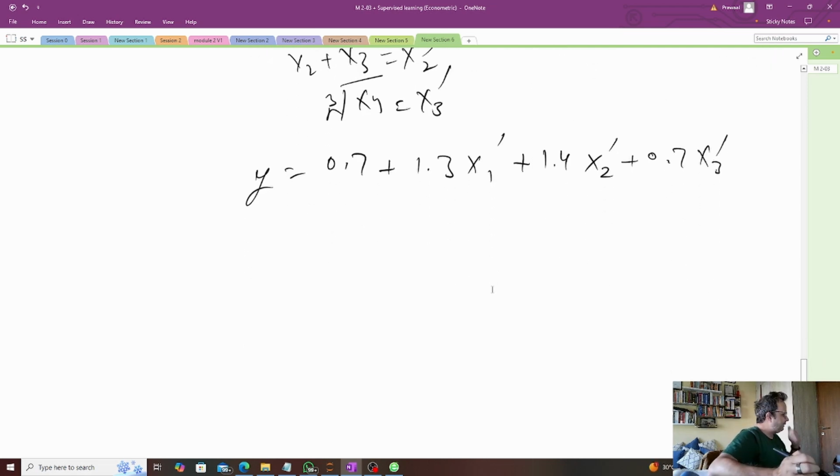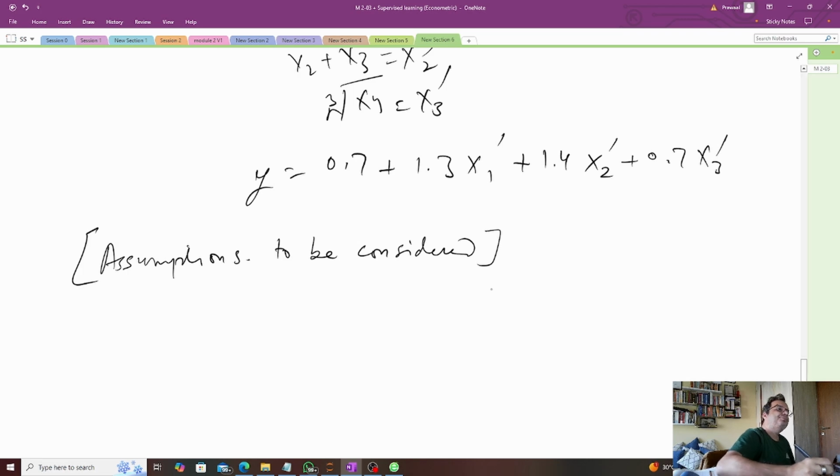And the next thing that you need to know probably is what are the assumptions to be considered before you apply a linear regression to a problem set.